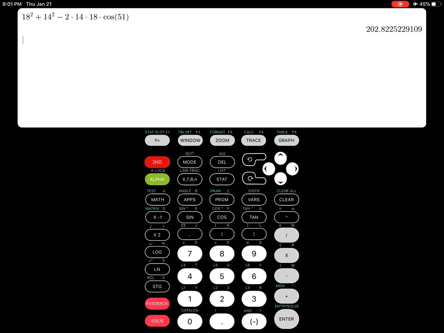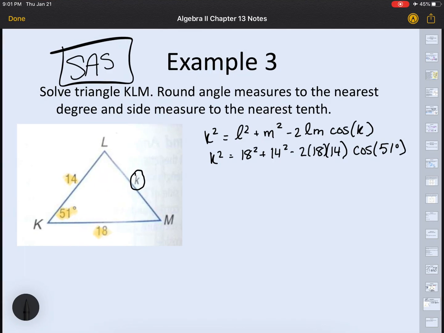And we're going to have to take the root of 202.8 here in a second, and we're going to get about 14.2. So k squared was about 202.8. And if we rooted that, k was about 14.2.